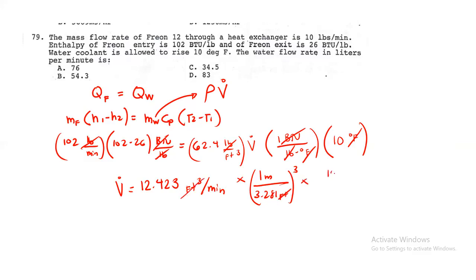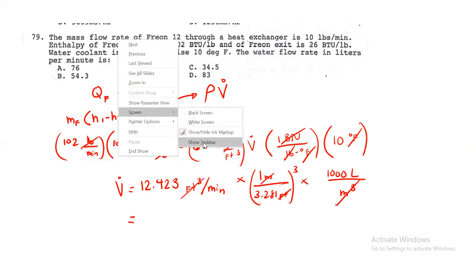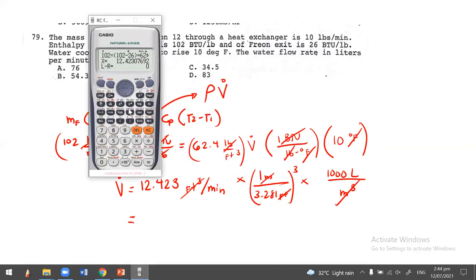Then times 1,000 liters per meter cube. So maka-cancel, maging liters per minute na yan. So times 1 over 3.281 raised to 3 times 1,000. So 351. Baka 351 na nangyari. Split natin, 0.423 times 1 over 3.281 raised to 3.